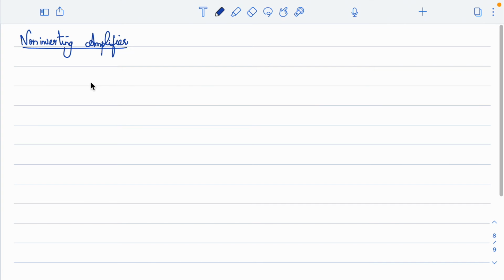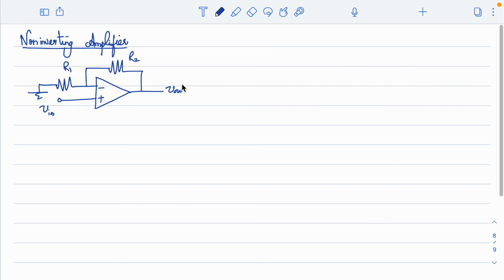If you look at the non-inverting amplifier, generally how we configure is like this, minus plus, input is given to the non-inverting terminal, so this is V in, and the inverting terminal has proper feedback applied, and this is connected to ground, this is R2, this is R1, and this is V out or V0, whatever it is, right?